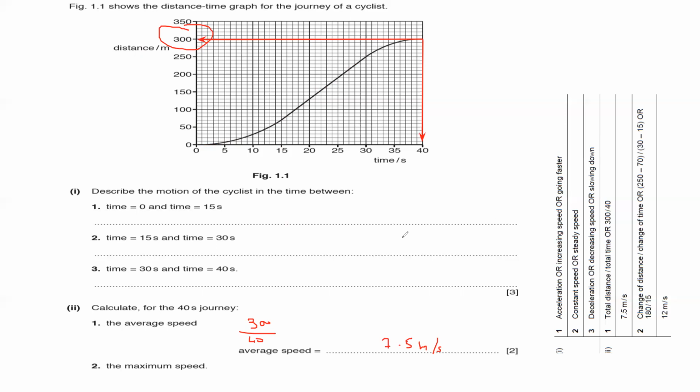Okay. Now the next part, they ask what is the maximum speed. As we know, this object is continuously changing the speed. From 0 to 15 second it was accelerating, then it was traveling at a constant speed from 15 to 30, and then it was decelerating.